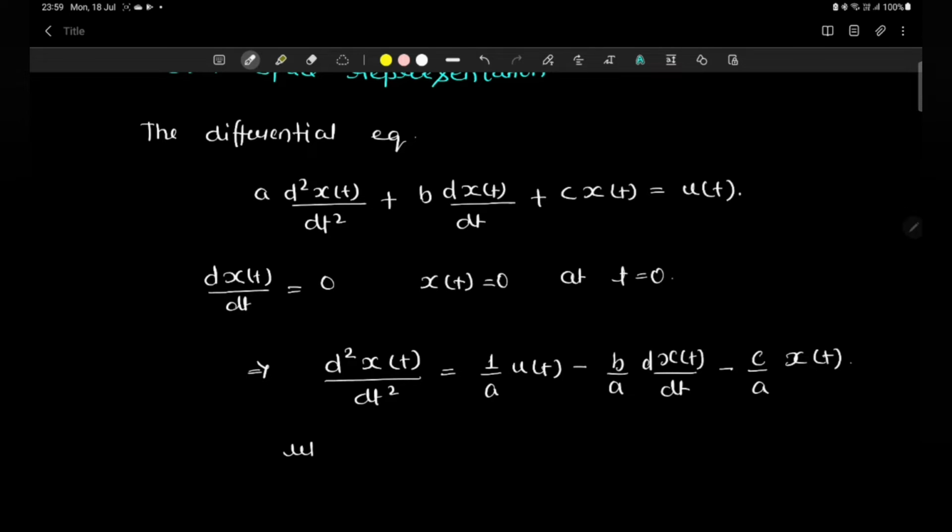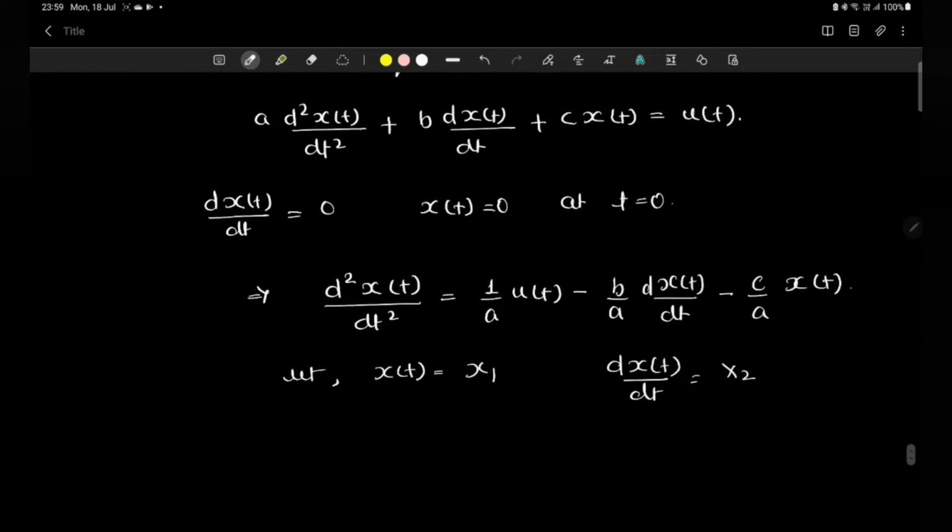Now we'll take x of t as x1 and dx of t by dt as x2.